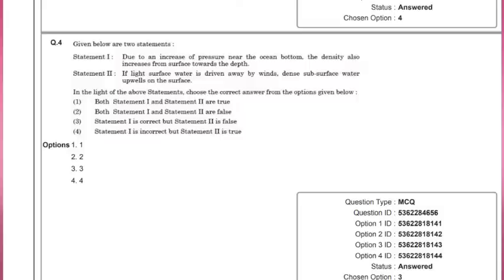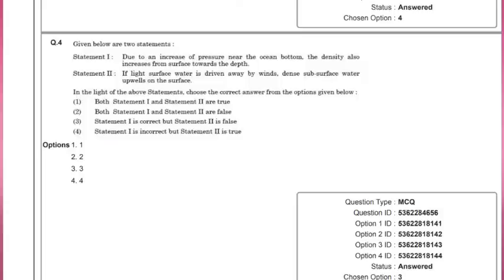In the light of the above statements, choose the correct answer. Option 1 is correct: both statement 1 and statement 2 are true. Question ID 656, the correct answer is 1.